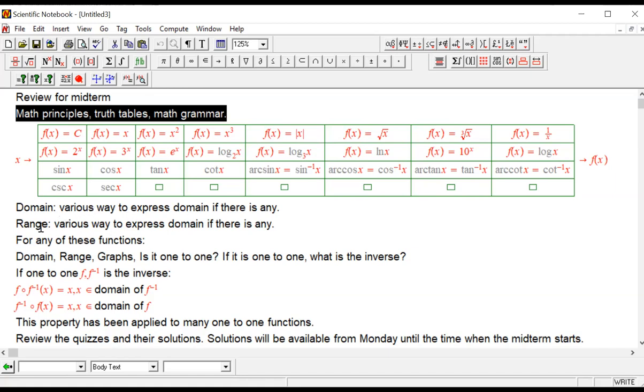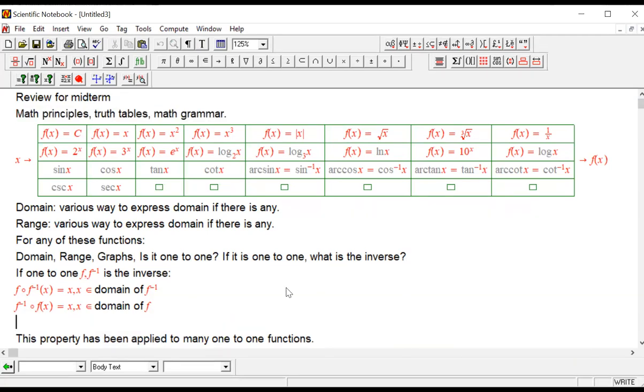Domain, range, graphs, is it 1-to-1, increasing, decreasing, even, odd, or neither. We've been discussing these topics throughout, and all of these are the properties we've been studying about these functions.